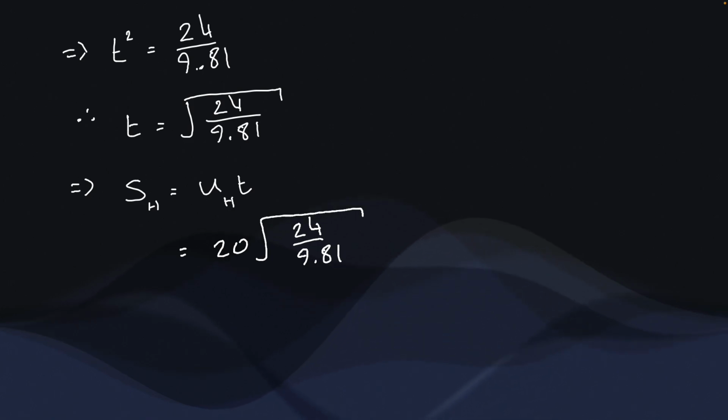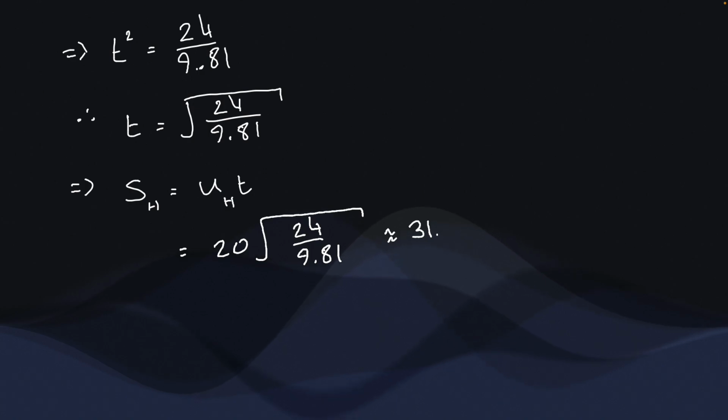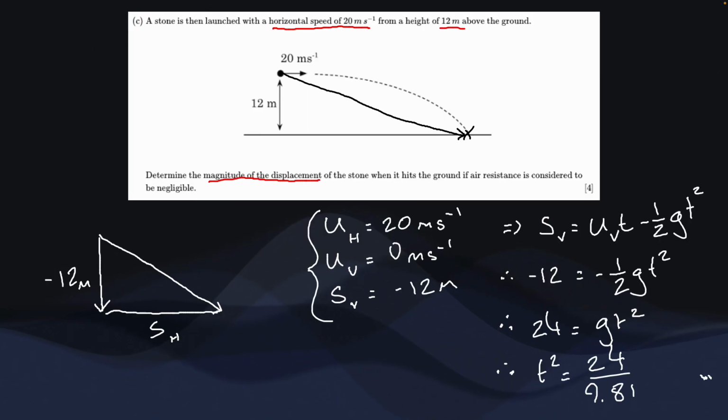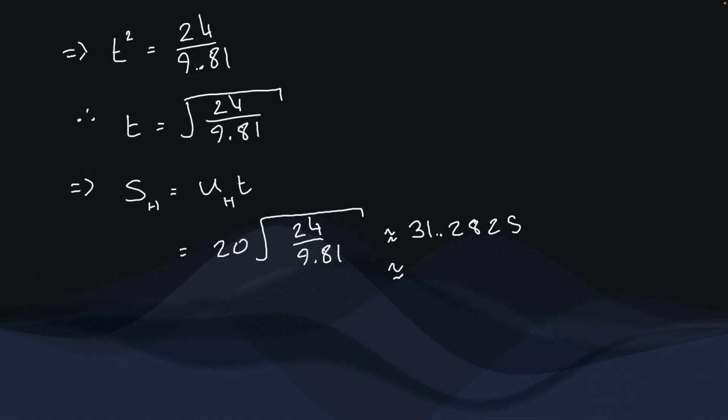That is approximately 31.2825, and then we round to two significant figures, because in our question it gives us everything with two significant figures. Therefore that's approximately 31 meters.